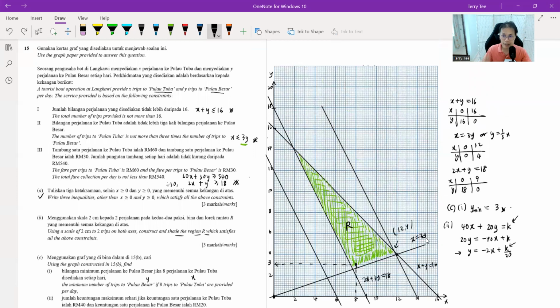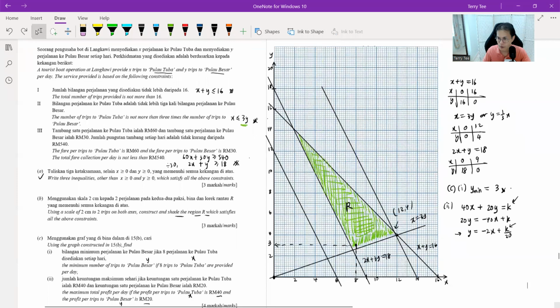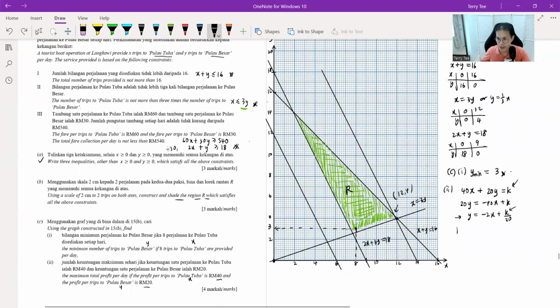At the end of the day, you want the largest y-intercept, but you don't find the y-intercept from the graph because it's hard. You have to extend all the way up and you don't have enough space. So we say that k is maximum at 12, 4.